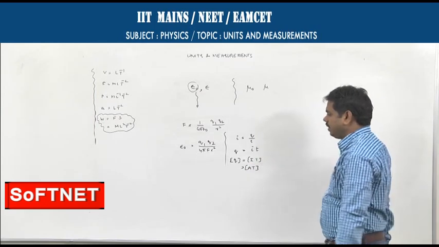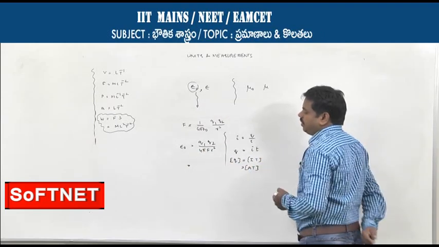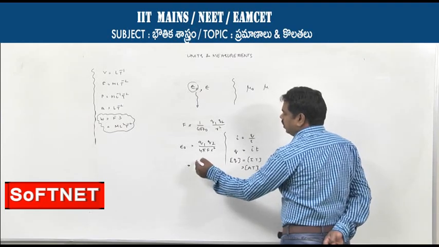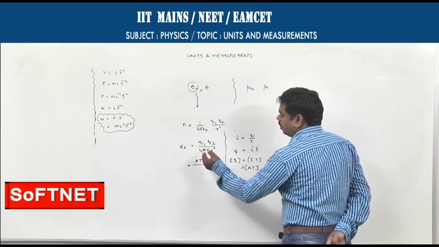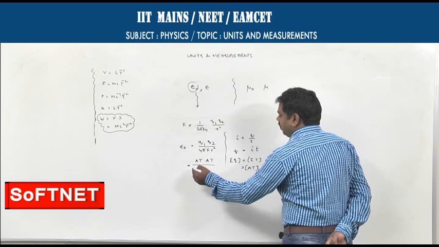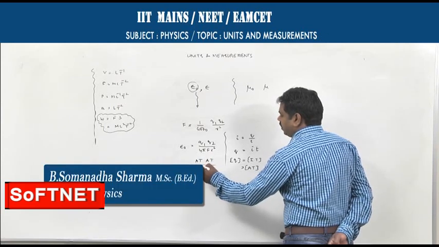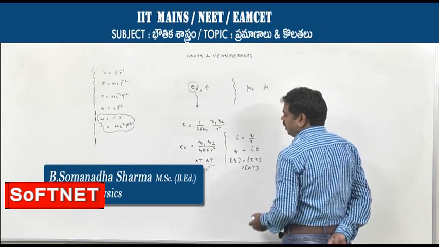Now by using this dimensional formula in this equation, easily we will get the dimensional formula of epsilon naught. How? A into t, whole square, by 4 pi, however it is a constant, no dimensional formula, F is M L T power minus 2, and distance square, that is L square.